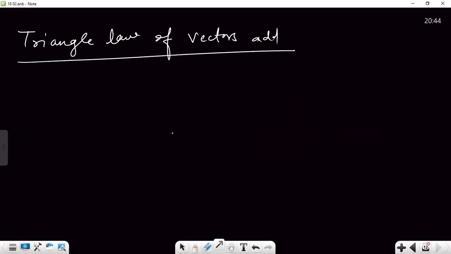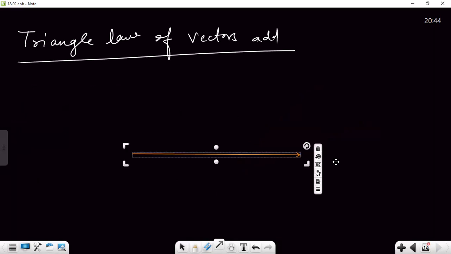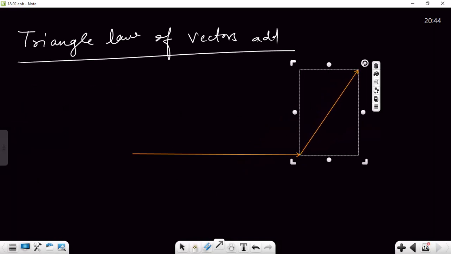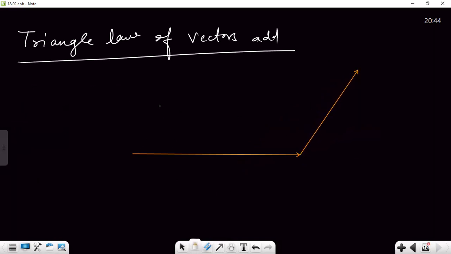So in the triangle law of vector addition, it's simple. If there is a vector like this, then there is another vector connecting from its head. This is the head of the vector, na? There is another vector connecting from its head with a tail, and then there is another head. So to add two vectors, we have to fulfill this condition where tail and head are connecting.